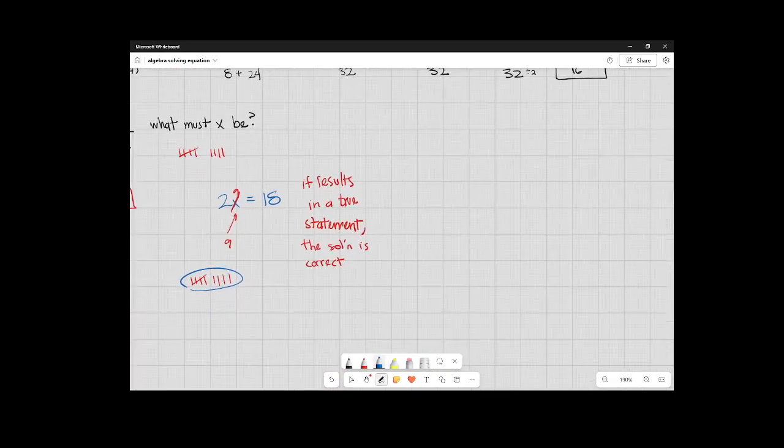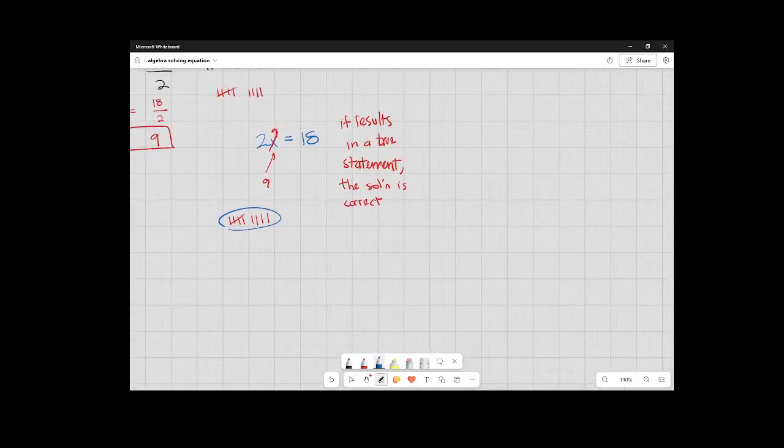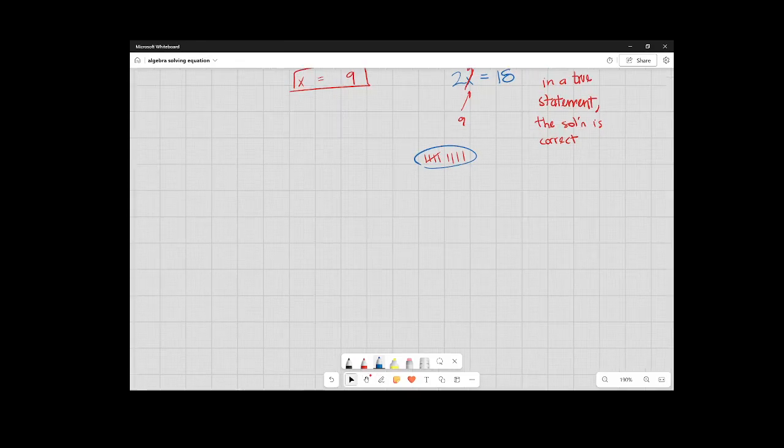I want to do one more, and we're going to just blast through this one quickly. If you can, I want you to pause the video, and solve it on your own. Okay, so I need to find one of these good examples here. Yeah, so we're going to make it a little more complicated now. So I'm going to say solve for x.